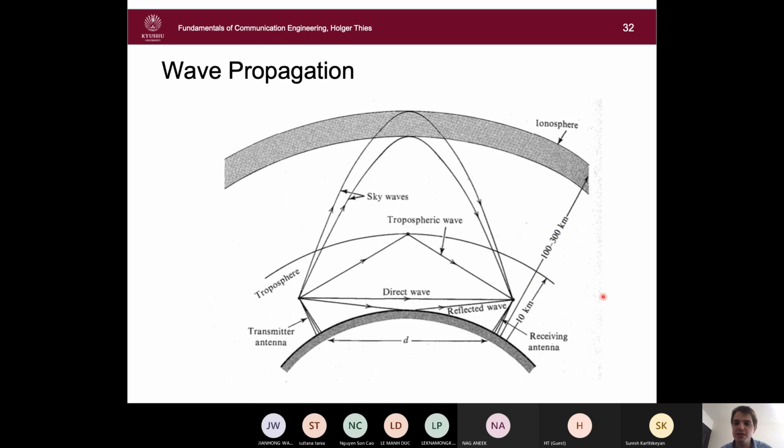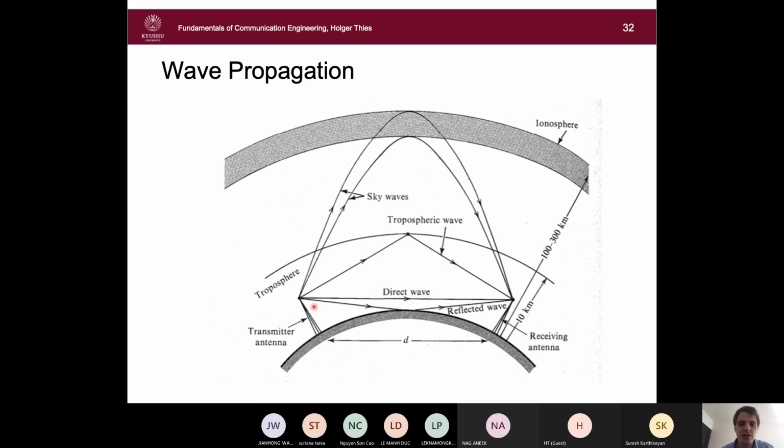Okay, so next we want to discuss some wireless transmission media. So wireless transmission is usually more convenient because we don't need cables. And instead of cables, the waves are propagated through the air.